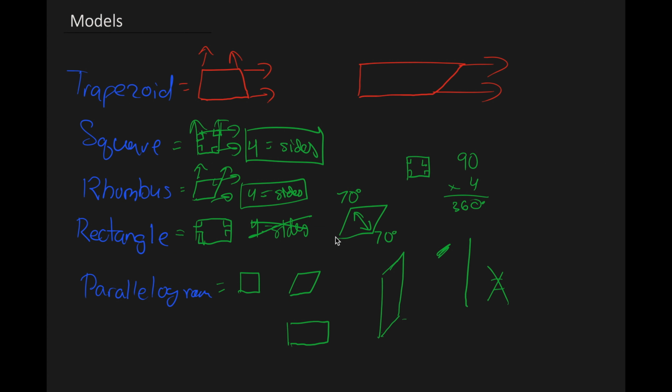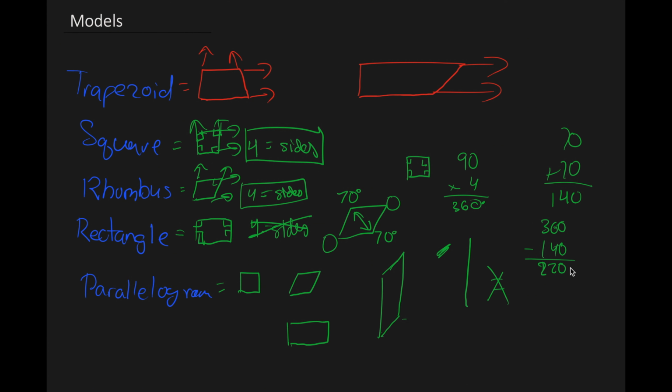Now, I want you to find the angles for those two. How do you do that? Step 1, it should be kind of simple because you just do 70 plus 70 equals 140. And then, because the total is 360, you subtract.